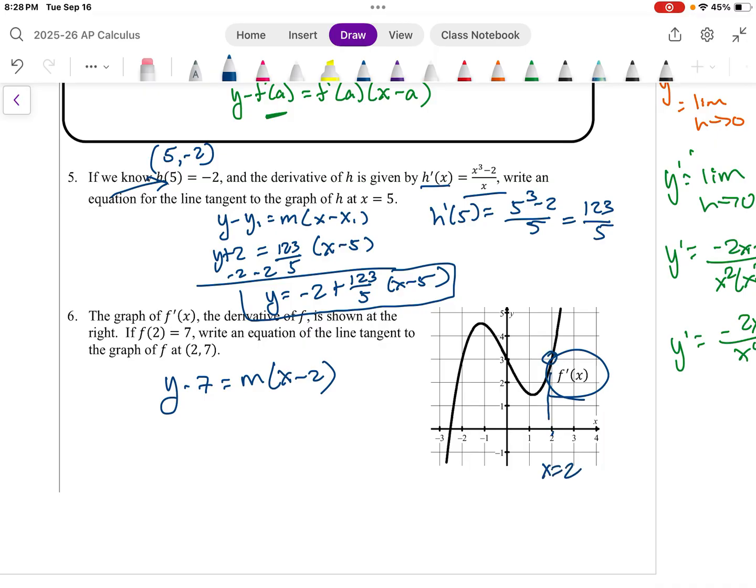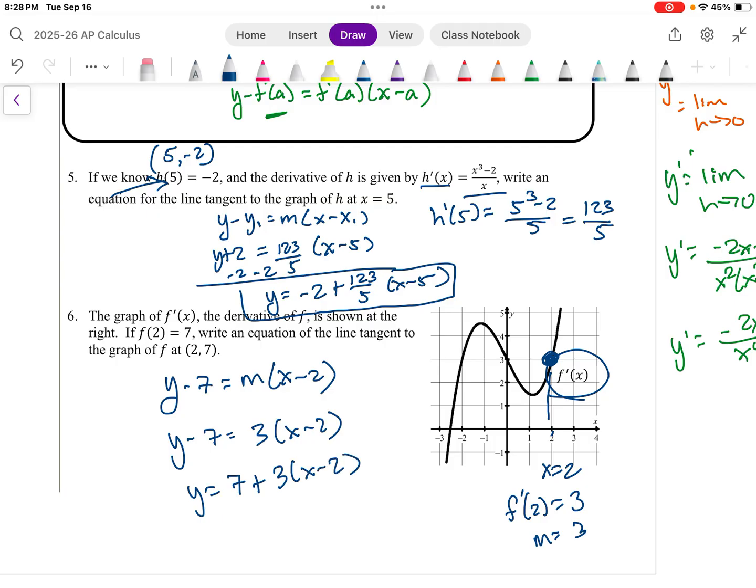That is 3. So that tells us that f prime of 2 is 3. So our slope of the tangent line is 3. So we can go y minus 7 equals 3 times x minus 2. So y equals 7 plus 3 times x minus 2. And that's where we get to stop.